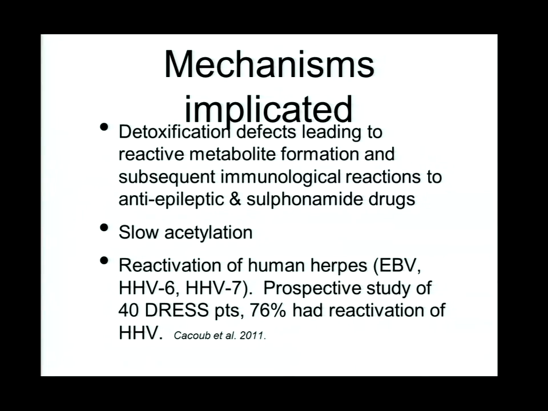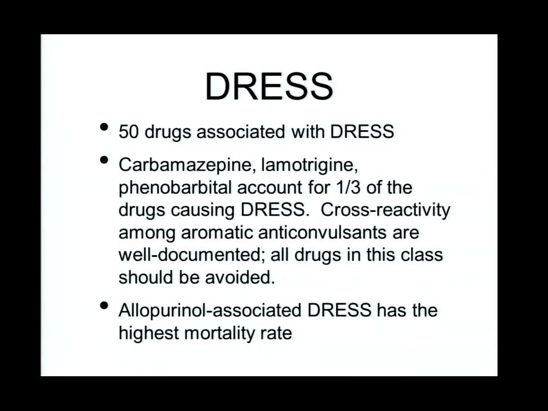And then, very interestingly, especially with the HIV drugs, there is definitely association with reactivation of human herpesvirus. There's one prospective study that showed 40 DRESS patients, not HIV patients, 76% of them had reactivation of human herpesvirus. So that's something to consider in screening when you're looking at DRESS patients. So there's a multitude of drugs associated with DRESS.